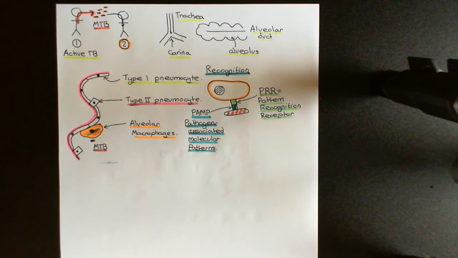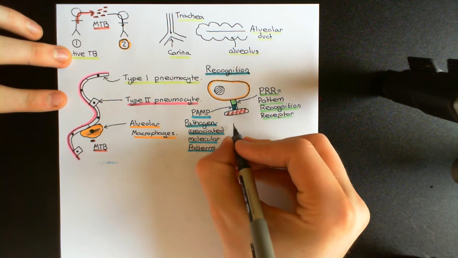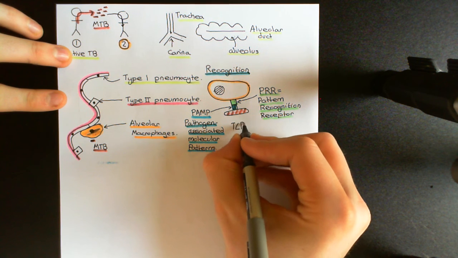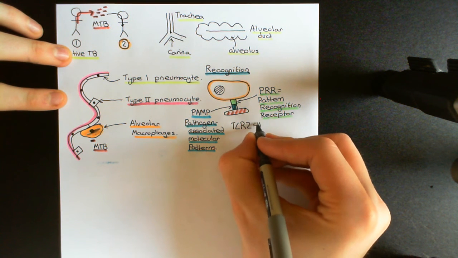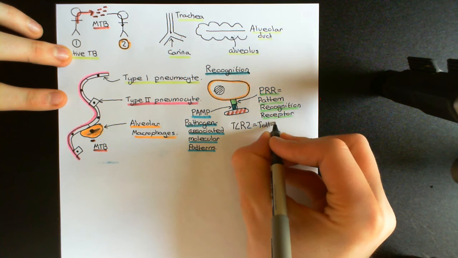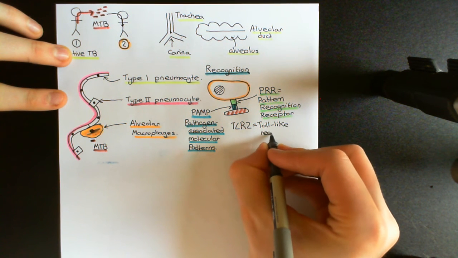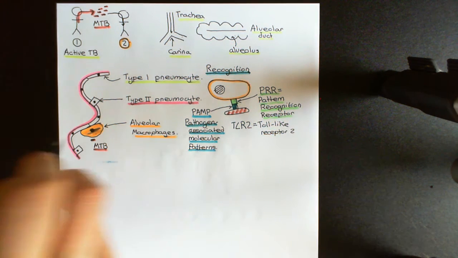So to give you an example that's very relevant to Mycobacterium tuberculosis, a pattern recognition receptor that is on the surface of our alveolar macrophages is a receptor known as toll-like receptor 2, which for short is abbreviated down to TLR2. So this stands for toll-like receptor 2. Okay, so TLR2.